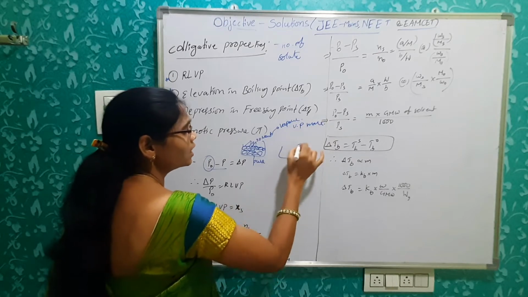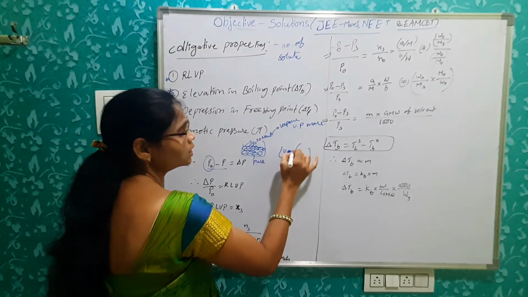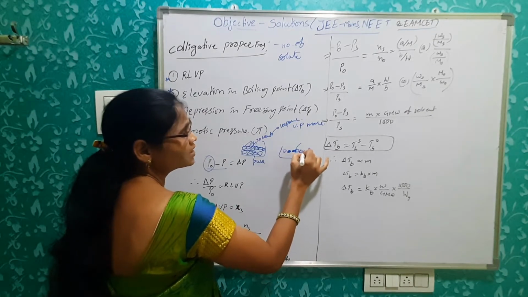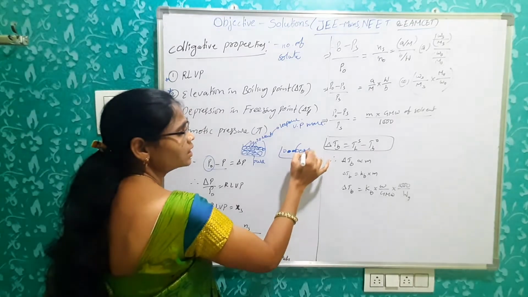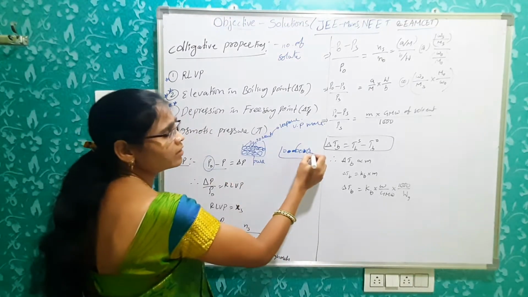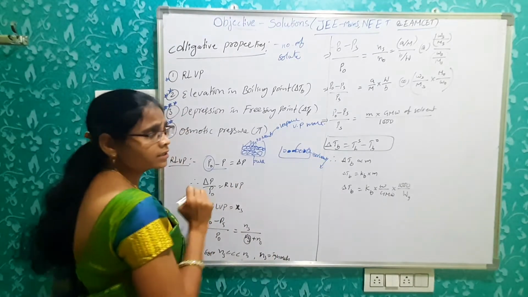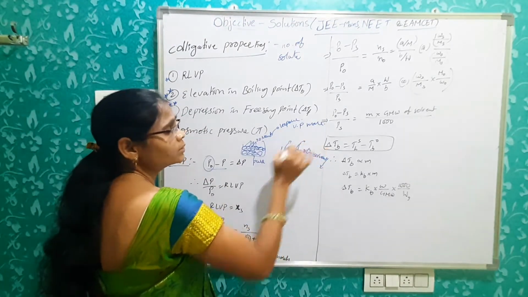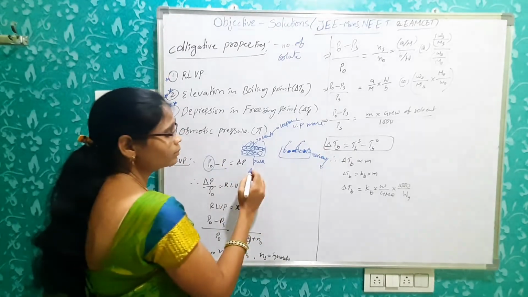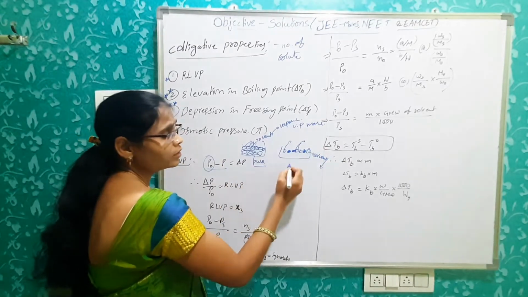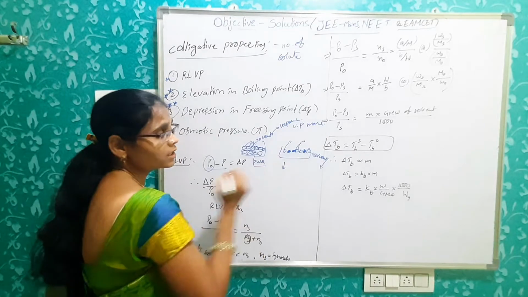But by adding a non-volatile solute, some of the solute particles occupy surface area, so automatically the number of solvent molecules at the surface decreases. Then escape into the atmosphere as vapor also decreases. Simply, from pure solvent to solution, vapor pressure decreases.